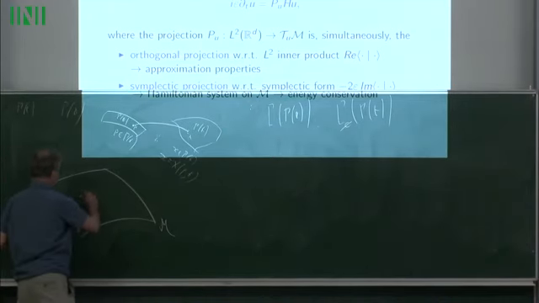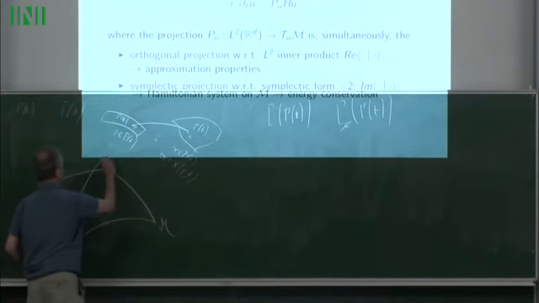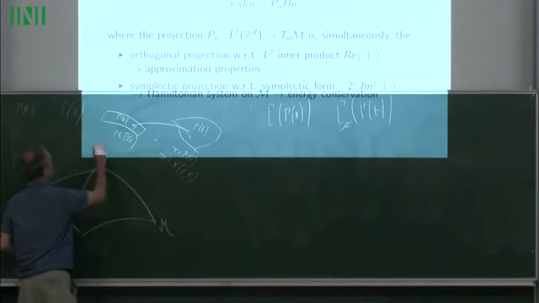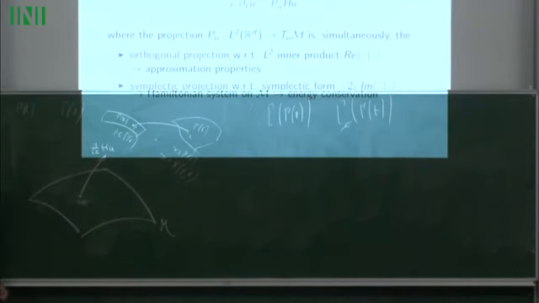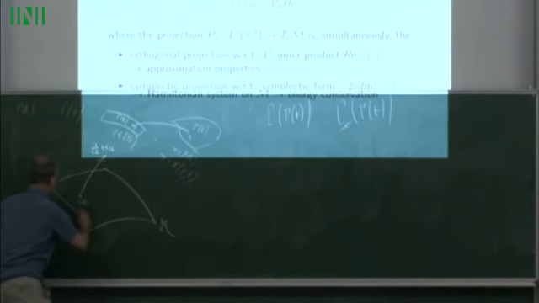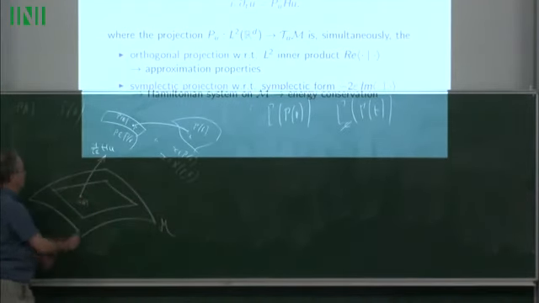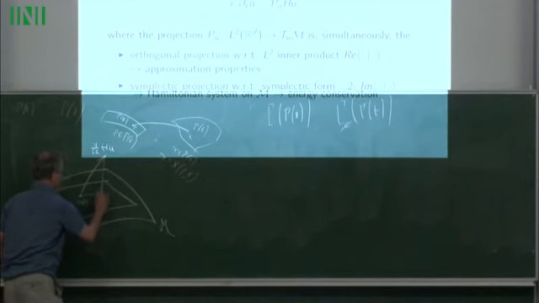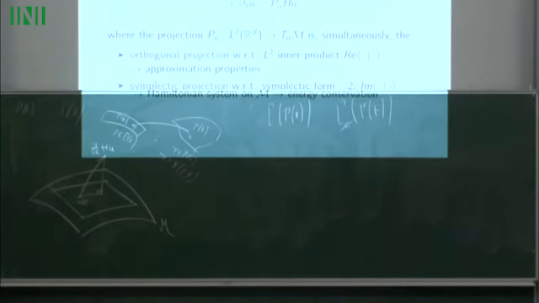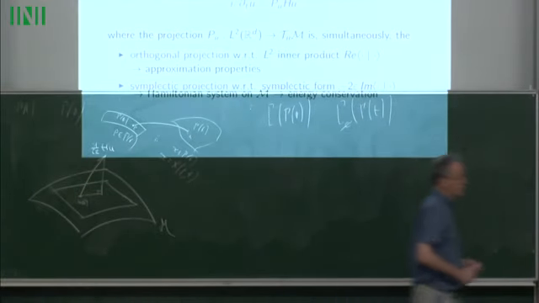Now, ideally, I would take u dot equals, so I would start from that point and solve the Schrödinger equation, and that would give me the vector field, which is 1 over i epsilon H u. That would be the vector field, but that would lead me out of my manifold. So what I do is I consider the tangent plane, or tangent space, in that point, and then I project this down here, take this orthogonal projection, which at the same time is a symplectic projection. So that's the picture behind it.